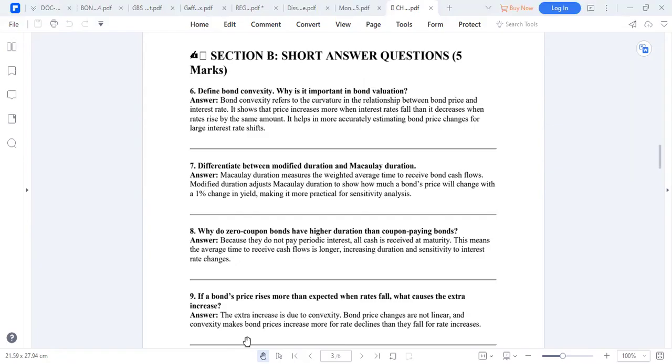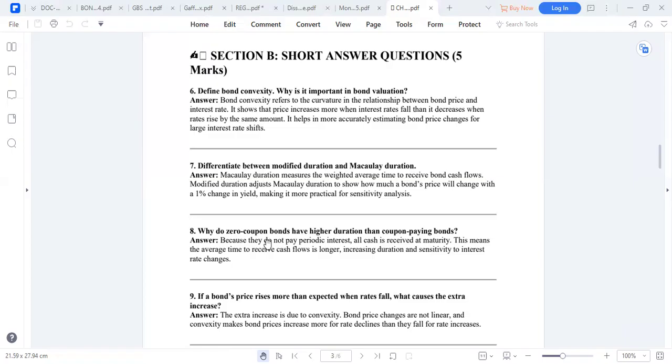It accounts for the nonlinear relationship of the changes in prices and also enhances the accuracy when we are estimating the price of the bond during a large interest rate shift. It also explains why prices will rise more when the yield falls. Okay, so that is why it is important.